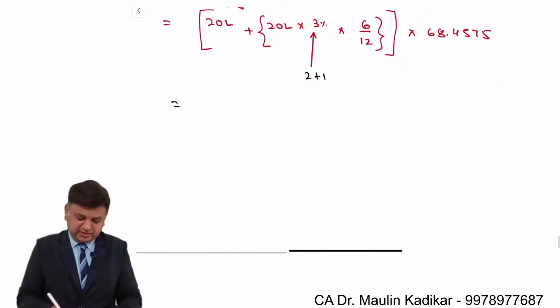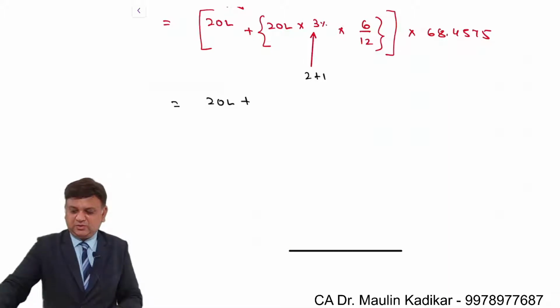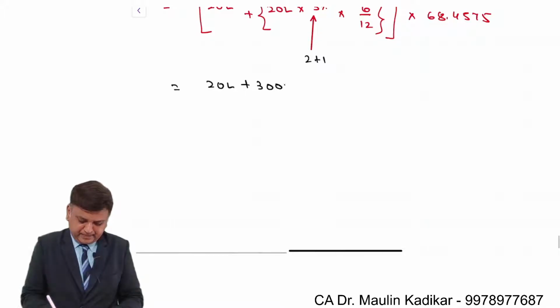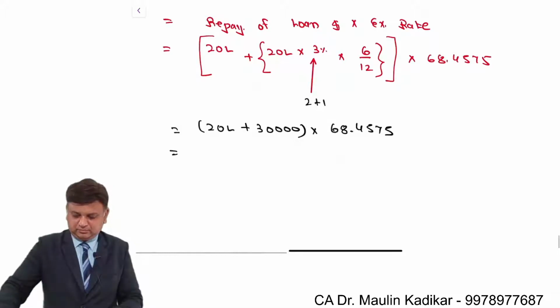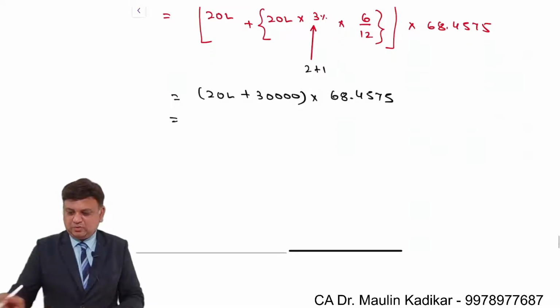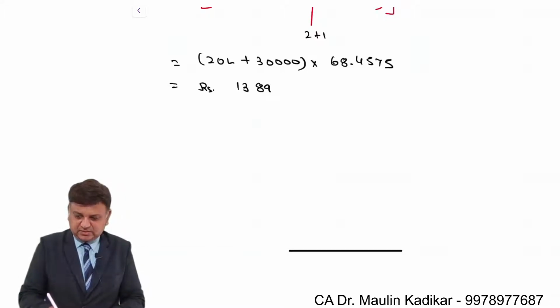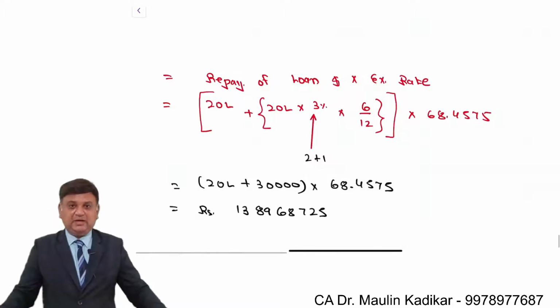So the final answer is going to be 20 lakhs plus 20 lakhs into 3% into 1 by 2, that is 30,000, into 68.4575. That comes to rupees 13 crore 89 lakhs 68,725. This is the amount of the repayment of loan.